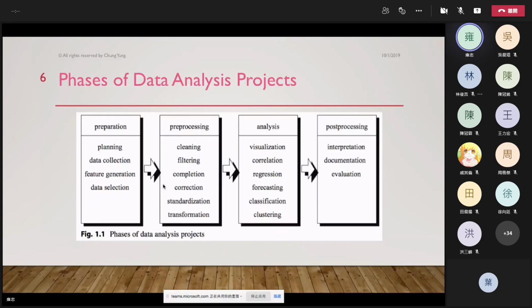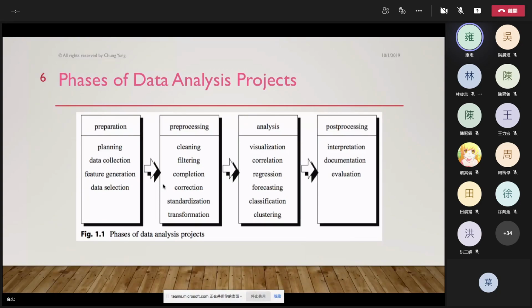The phases of data analysis project. Usually data analysis projects apply this 4-phase strategy to execute or to realize their project.